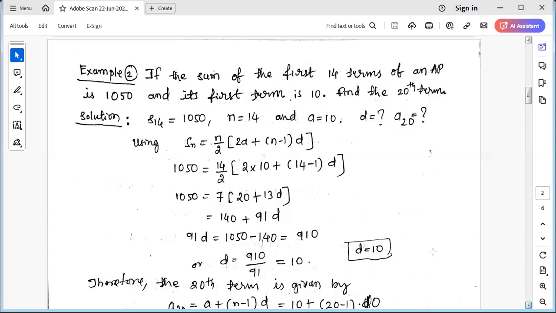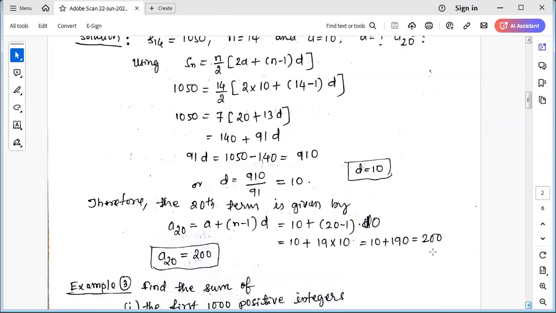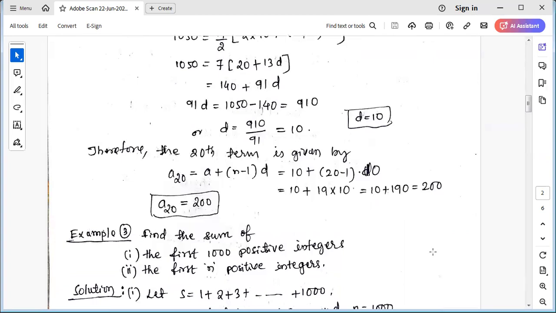So once d is obtained, you calculate the 20th term. The 20th term is given by a20 is equal to a plus n minus 1 into d. Use this equation. a is 10 plus n is 20, so 20 minus 1 into d, d is 10.